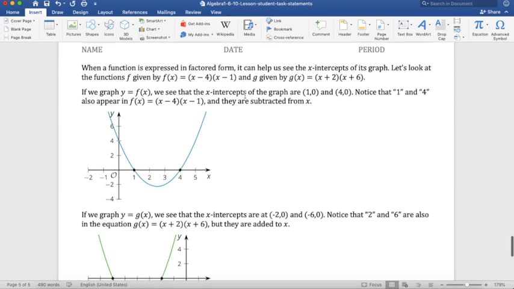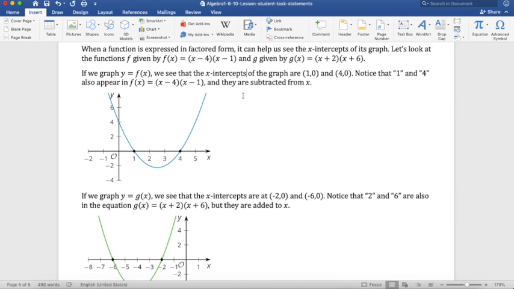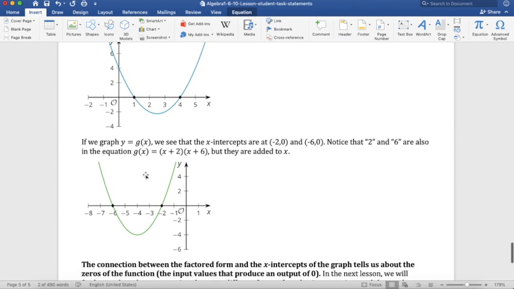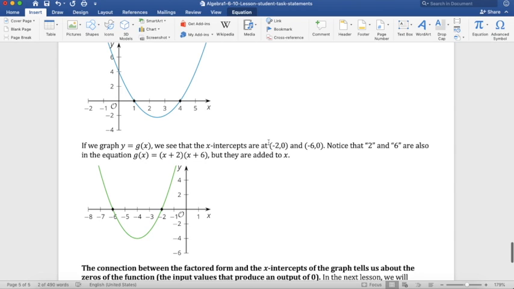And in g of x down below, x plus 2 times x plus 6, we see the x-intercepts are (-2, 0) and (-6, 0). And the 2 and the 6 are also in the equation, being added to x.